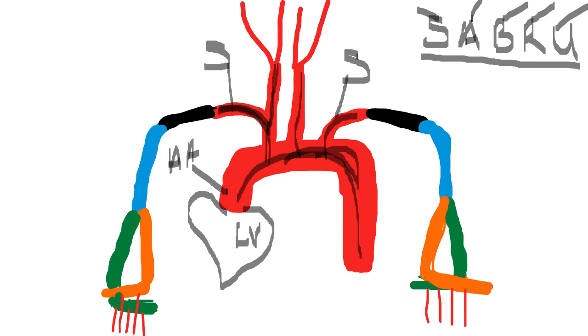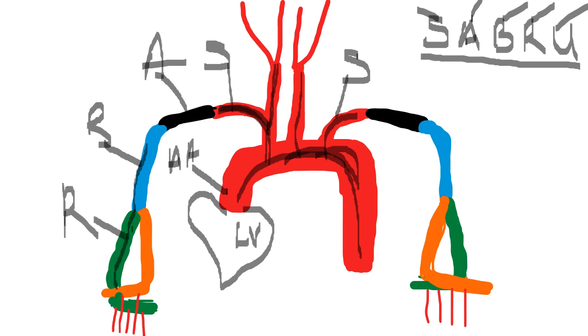Then after the subclavian artery arises from either side, it will terminate and form the axillary artery. The axillary artery will terminate and form the brachial artery. The brachial artery will run like that and then come to this point and bifurcate, or divide into two: the radial artery on the lateral side, and the ulnar artery on the medial side.